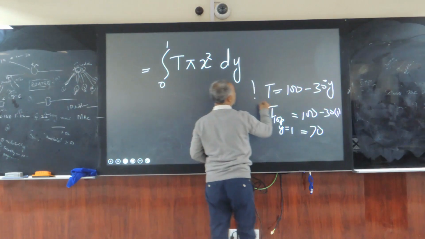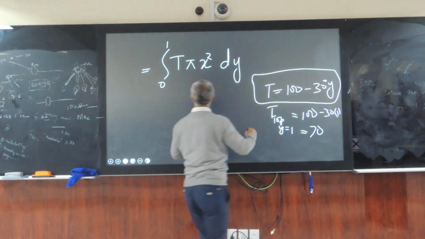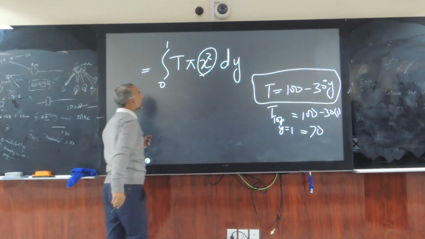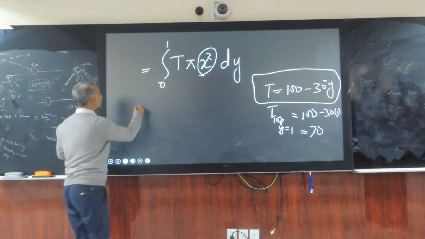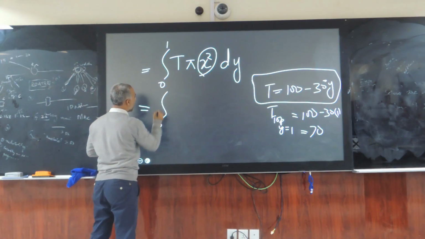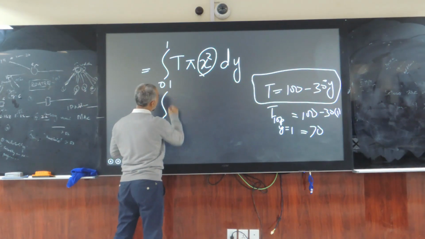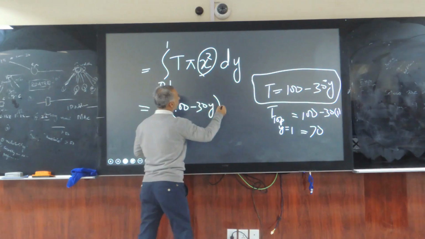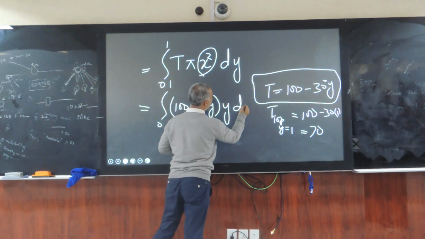This is basically the variation of temperature, and due to the parabolic nature x square equals y, we will write 0 to 1, the value of 100 minus 30y, and x square y dy.